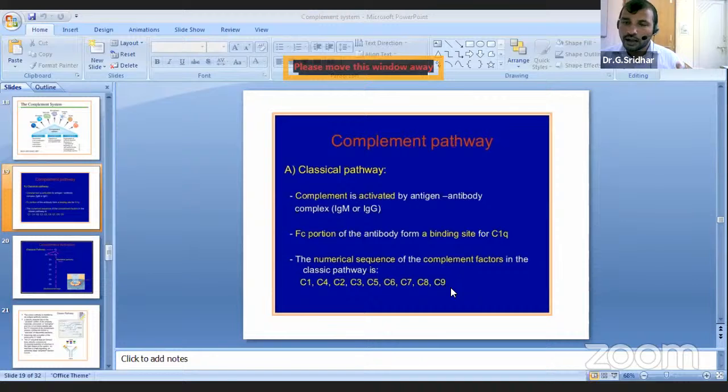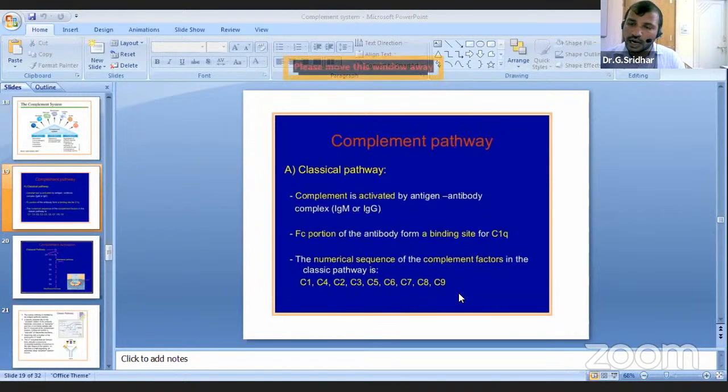But the activation process goes like this. If you activate C1, then C1 will activate C4. Generally you might think C1 will activate C2. No, C1 will activate C4. C4 will activate C2. C2 will activate C3. C3 will activate C5. C5 will activate C6, C7, C8, C9. This is how the complement proteins activate serially.